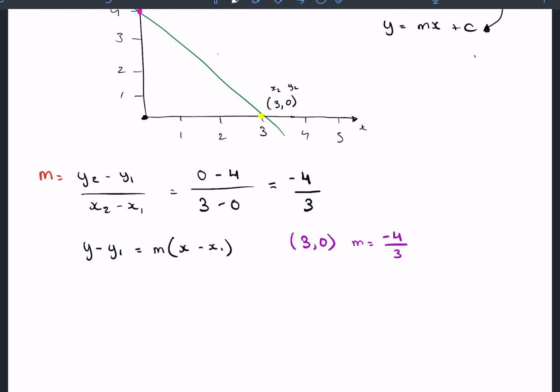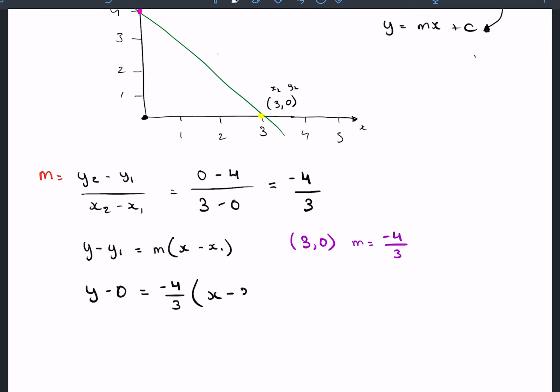y subtract y1, or y1 in this case would be 0. So y subtract 0 is equal to our gradient, negative 4 over 3 multiplied by x minus, remember the x and x1 are two different things, minus 3.